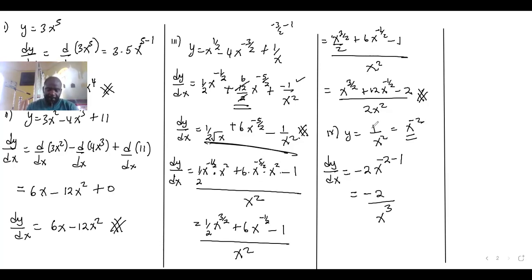What do you get? Negative 5 out of x to the power 6.